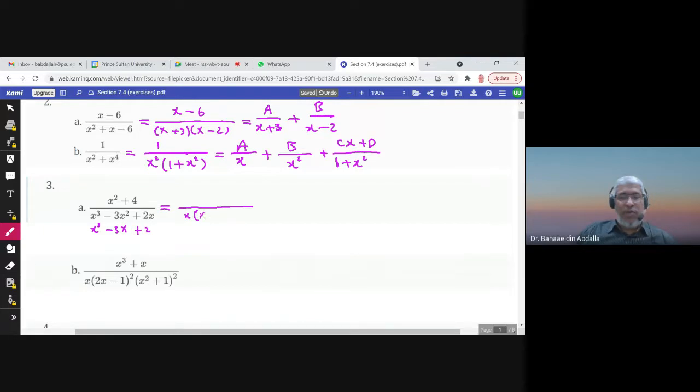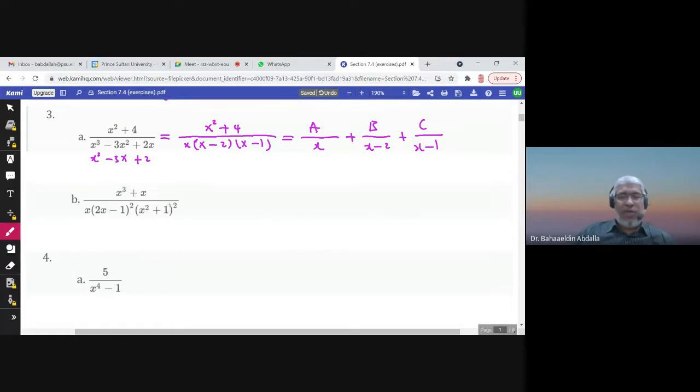And I can factor this into x minus 2 times x minus 1. So I have three linear factors, so each one of them would be in the denominator of a fraction, and I put A, B, and C.